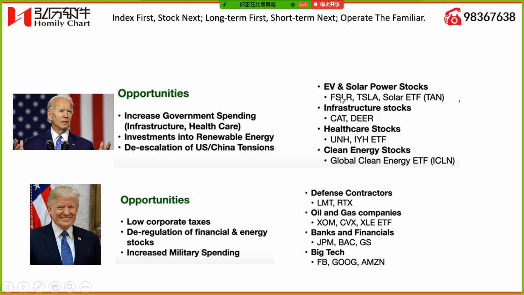Okay, First Solar. Why? Because according to recent posts or news from websites, some investors already think Biden will win the election, so they have already bought shares like Tesla or First Solar.